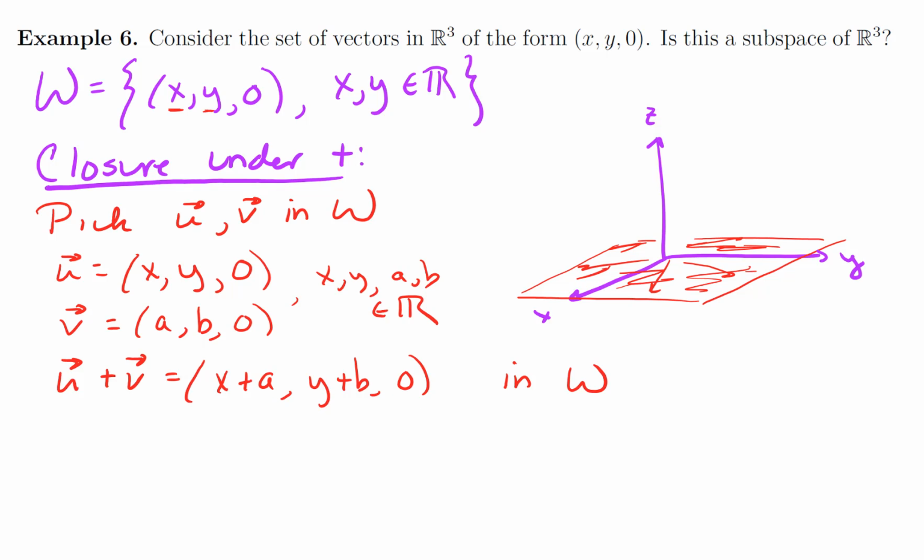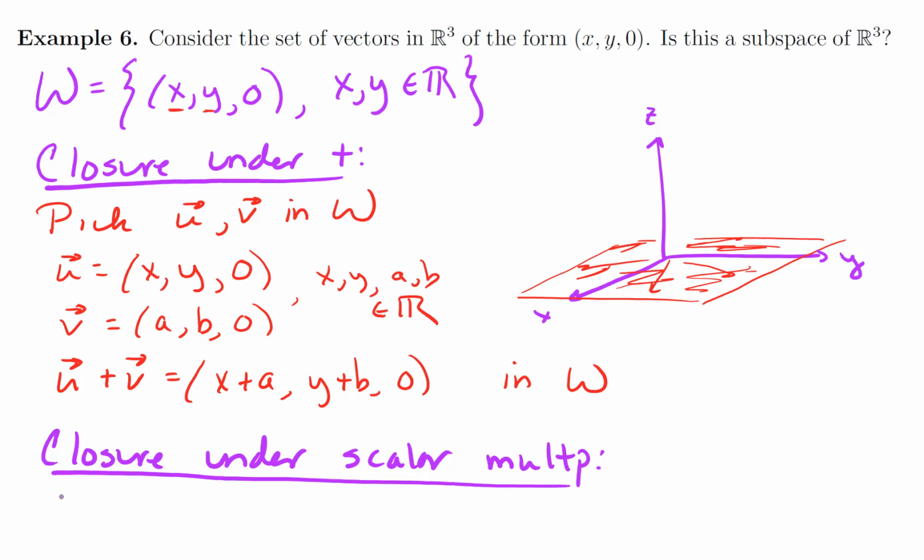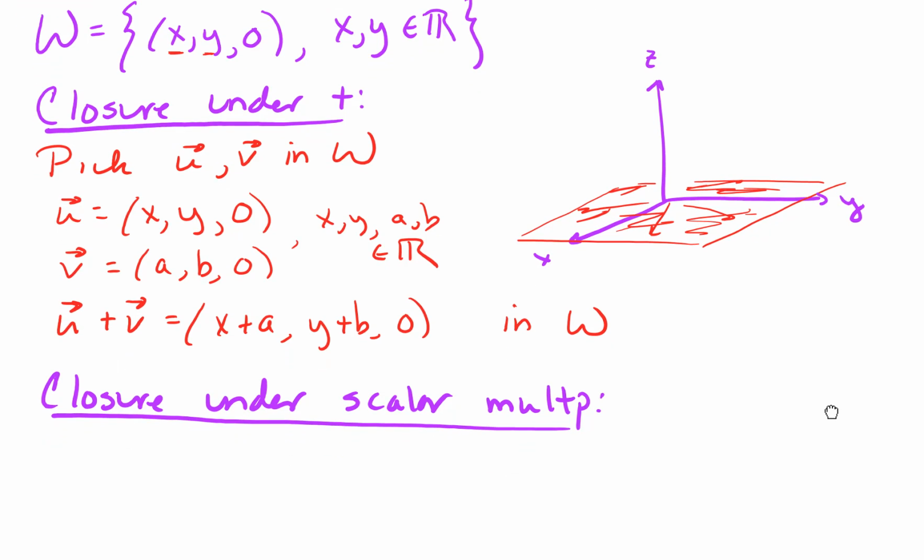Next, let's check closure under scalar multiplication. To do this, let's pick any c in the real numbers. Our u still looks like (x, y, 0), where x and y are elements of the real numbers.